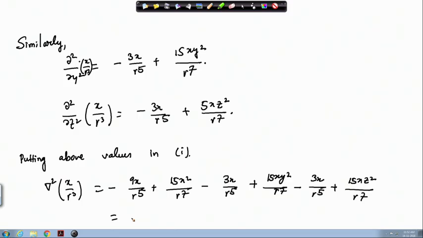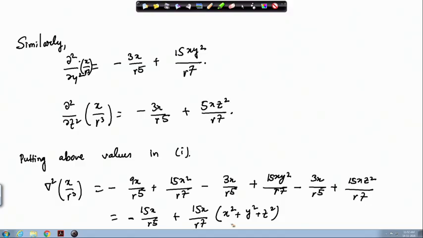So, ultimately this will result into minus 15x by r to the power 5 plus, from here I can take 15x common and r to the power 7 common, and then this will result into x square plus y square plus z square.